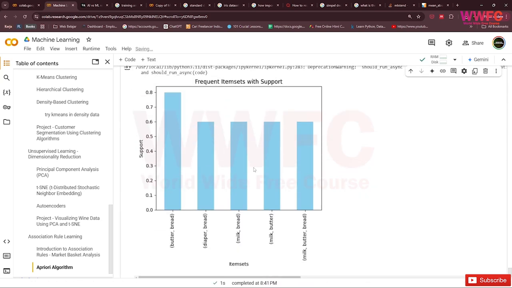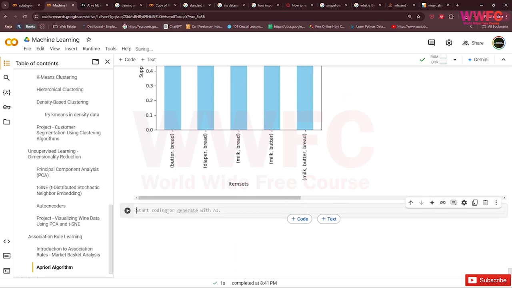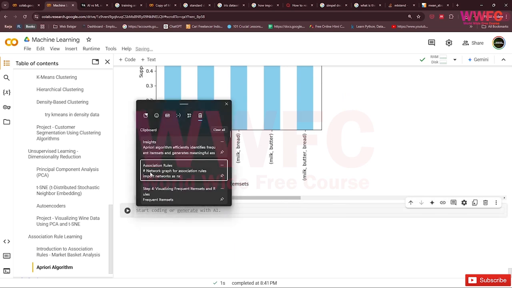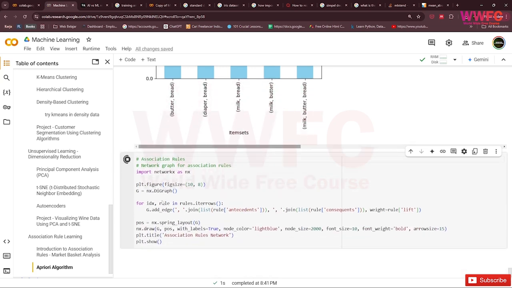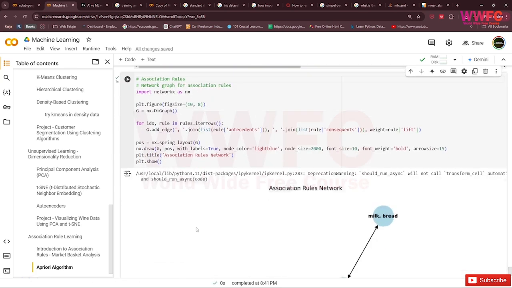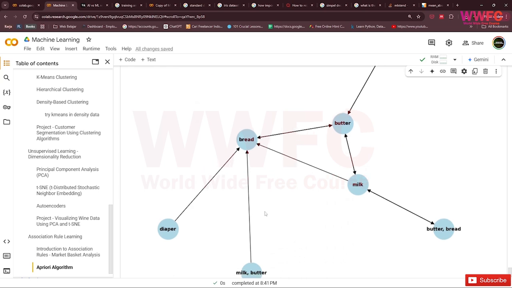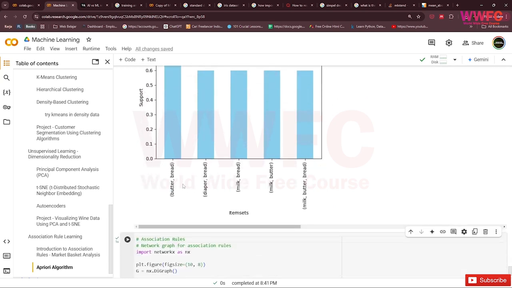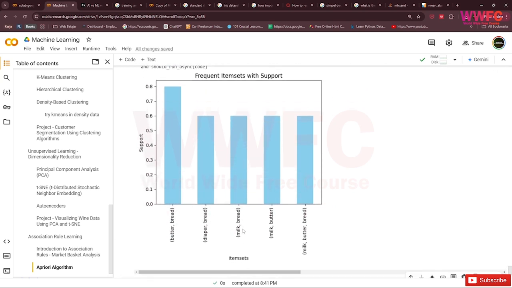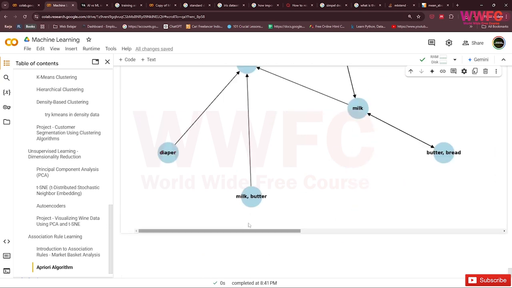This is the frequency of the item set. This is the same as before, right? But this is the difference: there's a frequent item set with support, like butter and bread, milk and bread, like that.